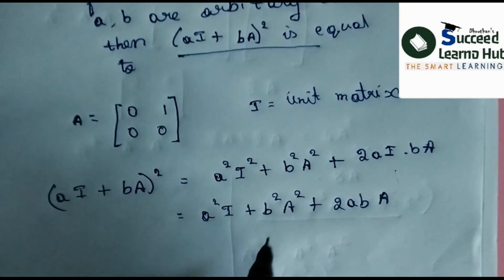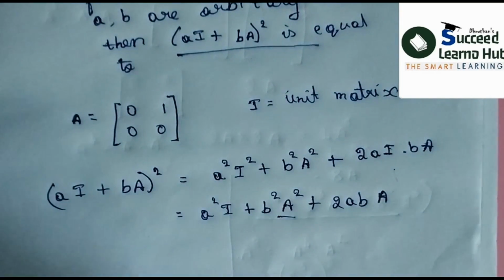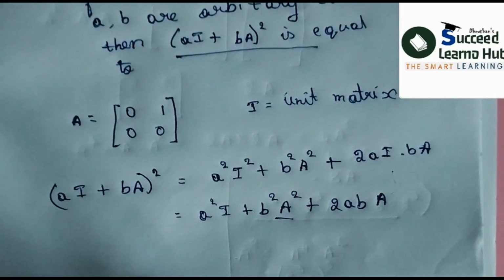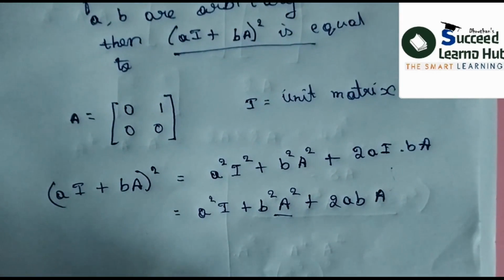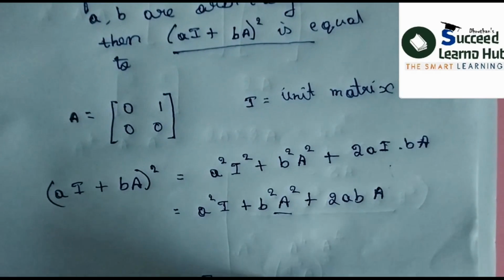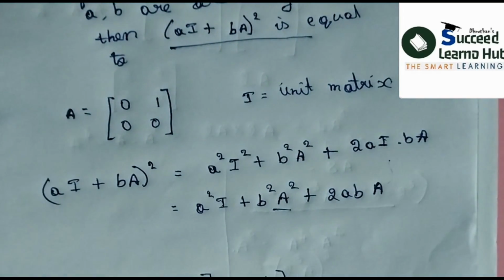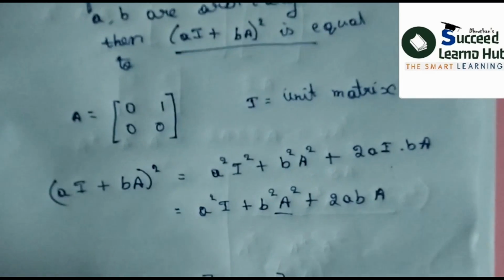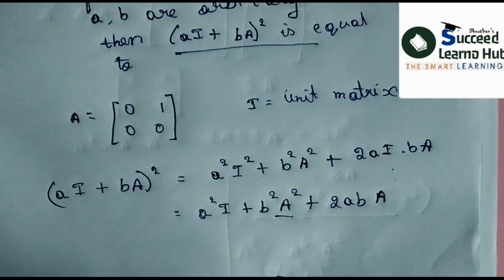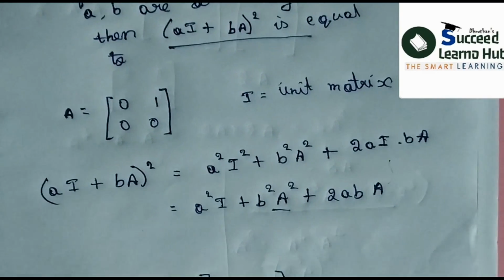Now let us find the A square, matrix A whole square. A square is equal to [0, 1; 0, 0] into [0, 1; 0, 0], which comes out to be [0, 0; 0, 0], which is nothing but 0 itself.